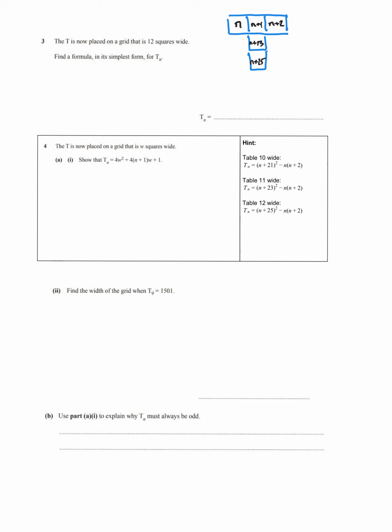Right, what have we got then? Find a formula in its simplest form for Tn. So we need to go through that process again. Let's do this in blue over here.